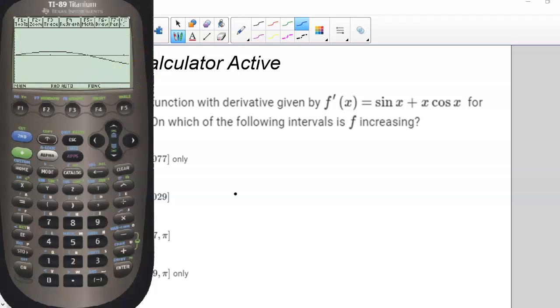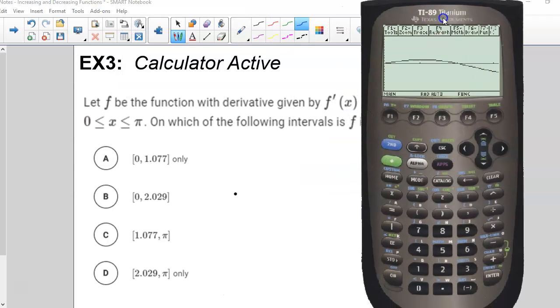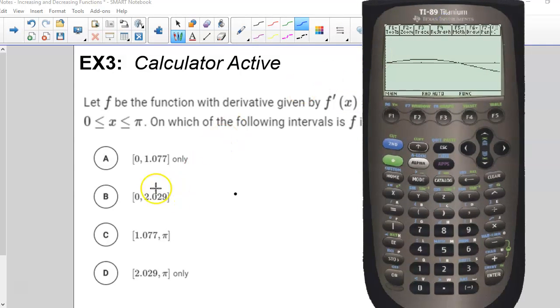So if I look at the graph, that graph is positive, looks like from 0 over to about 2. In fact, since this is multiple choice, let's just look here. I'm pretty sure the answer is B, right? And if I am rushing through and about out of time, I would just pick B and go with it.